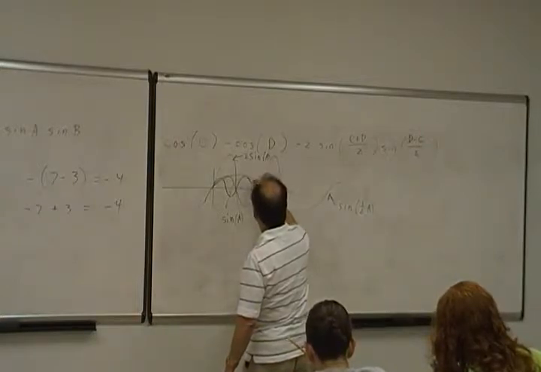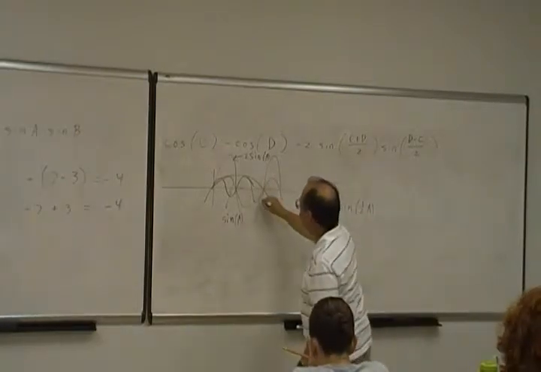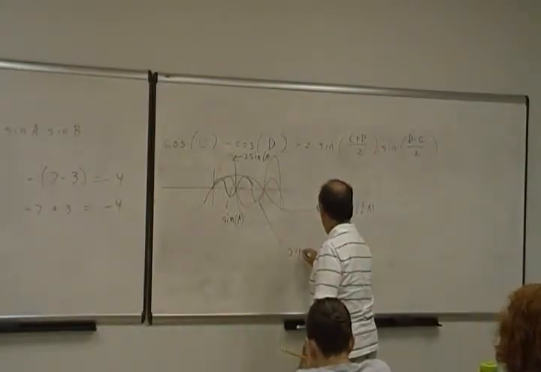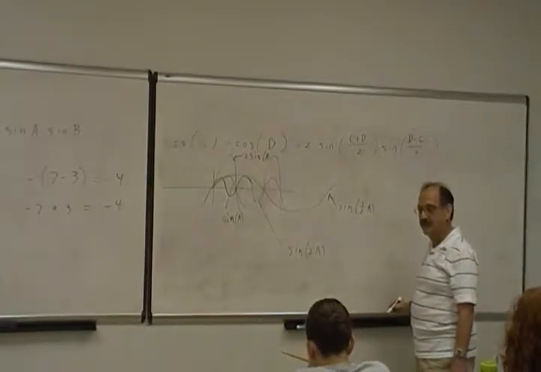That fast one is sine of 2A. And they're all different.